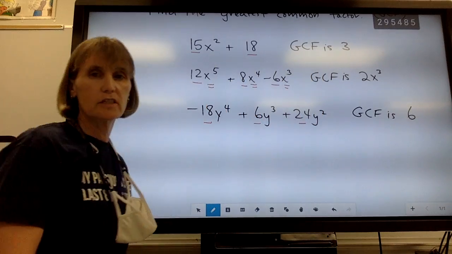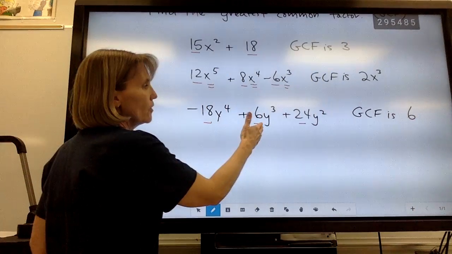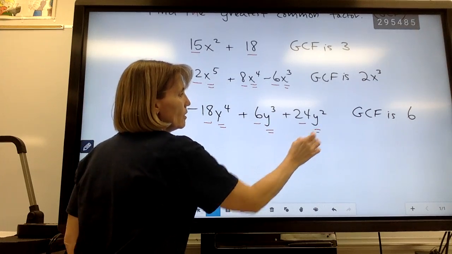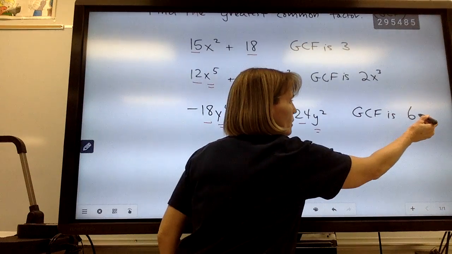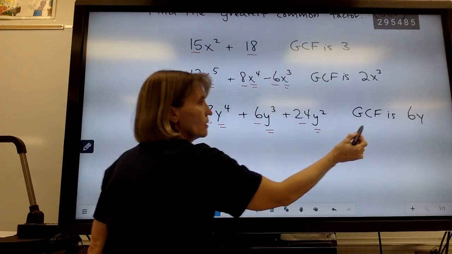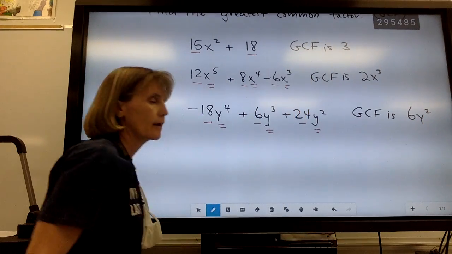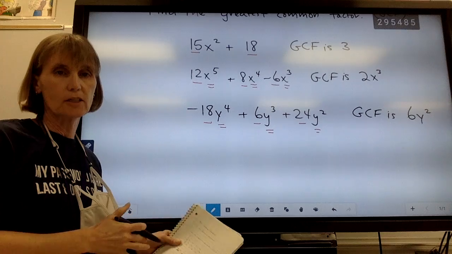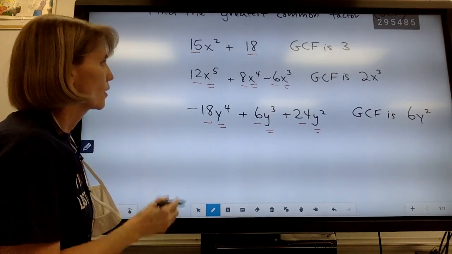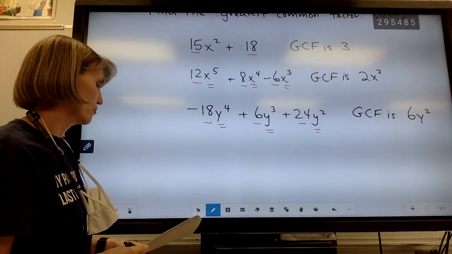So we're going to use the 6. And then do they have a variable in common? And the answer is yes. They all contain y's this time. So they do have a y in common. And you want to take, in this case, the smallest exponent, which would be 2. They all have at least a y squared. So that's how you find the greatest common factor.